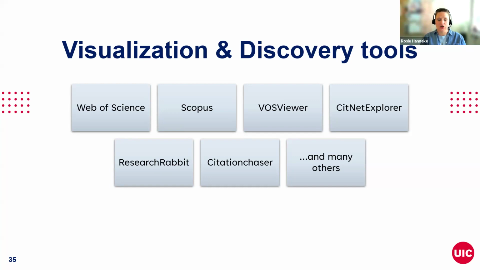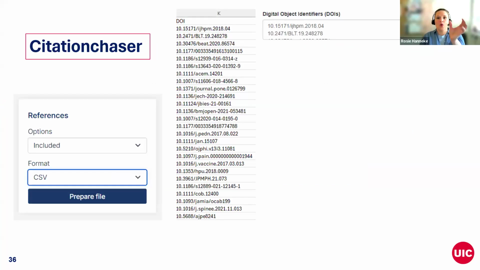Citation Chaser is a discovery tool, meaning that it's designed specifically to help with this type of citation searching for systematic reviews. So what you start out with, in Citation Chaser, and you'll see the link in the chat, is a list of identifier numbers, DOIs, for all of your articles that you're including, everything you've identified that you're including in your study.